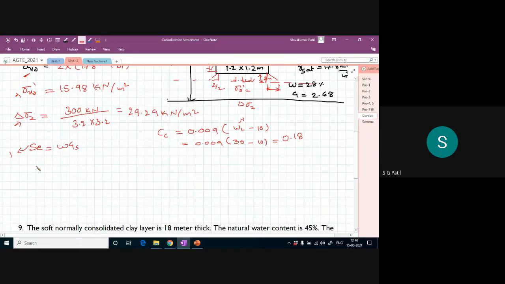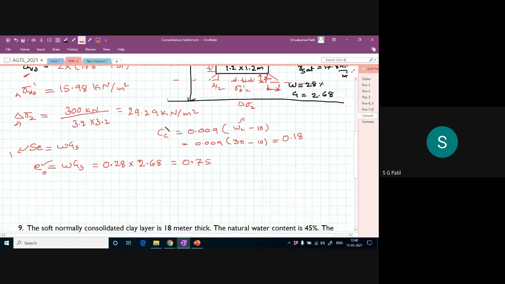So e is equal to w into Gs. What is the water content here? 28%. So 0.28 into specific gravity, 2.68. What is the e value you are getting? 0.7, or e naught, for example, 0.75.